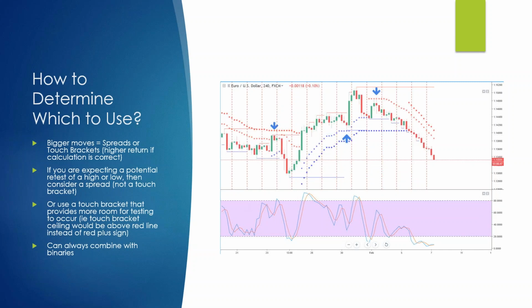So in this example, you can see my entry was right here, but I want my touch bracket above this high. Because I do not have to wait until it comes back to touch that red line. I can always exit early with the touch bracket. So I want to make sure that when I'm entering, I want the ceiling or the floor prices to be either above or below these areas.